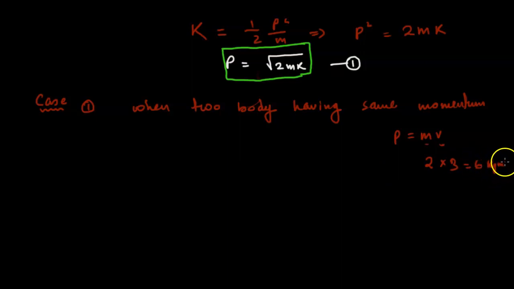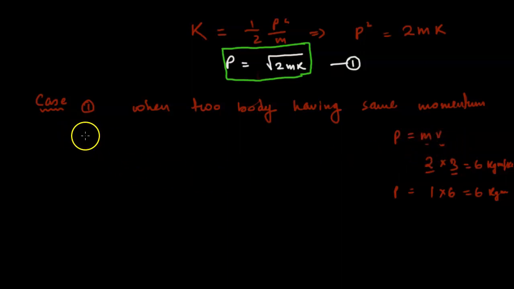Now suppose another body has a mass of 1 kg but the velocity is higher, so again the momentum will be 6 kg meter per second. You have seen that in both cases neither the velocity nor the mass is the same, but the momentum is the same. So you must consider that the same momentum doesn't mean the mass and velocity will be the same. It may be the same, but it may be different as well.